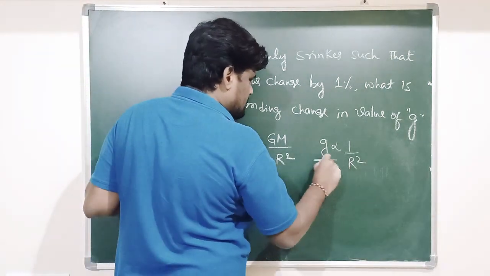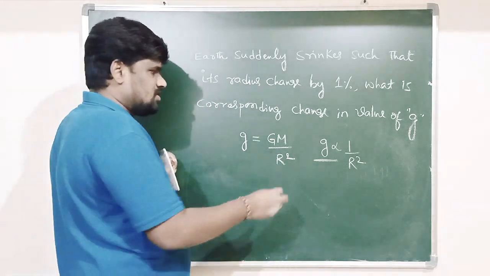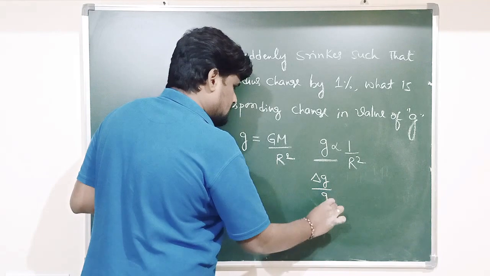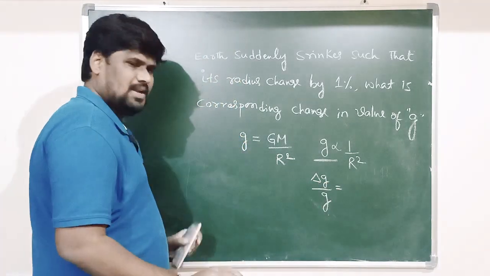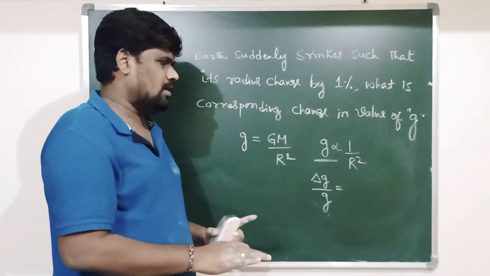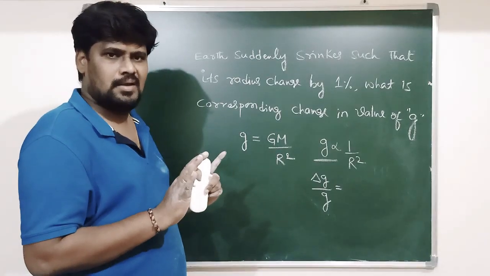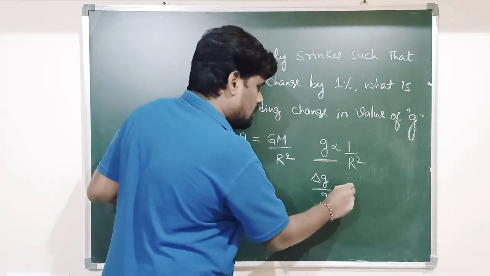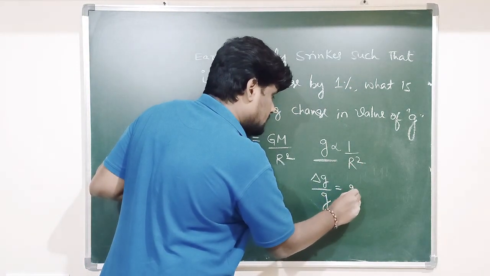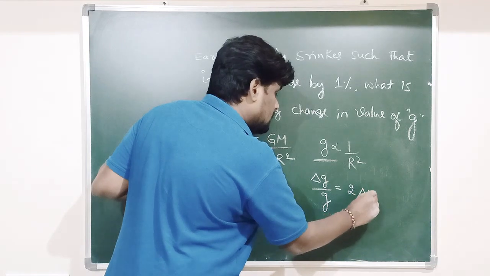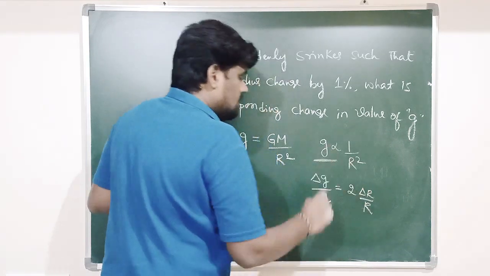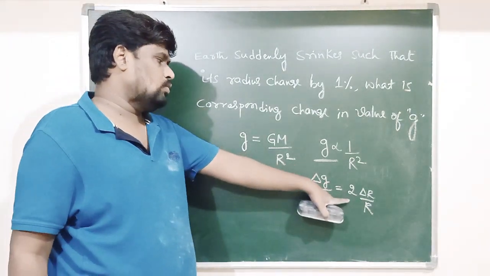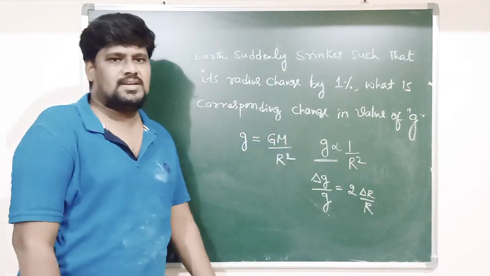Then what is the maximum possible fractional change in g? It is given by delta g by g equals, as I said earlier, whether the parameter is in the numerator or the denominator makes no difference. The power comes down, so it is 2 times delta r by r. The fractional change in g is equal to 2 times the fractional change in r.